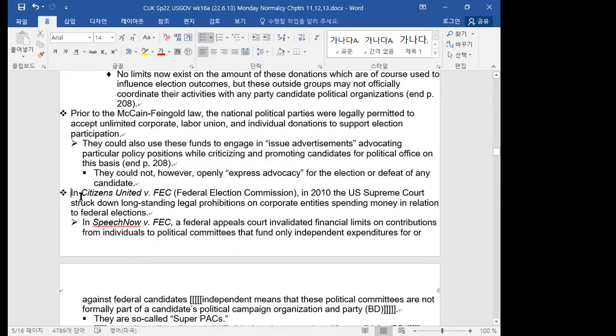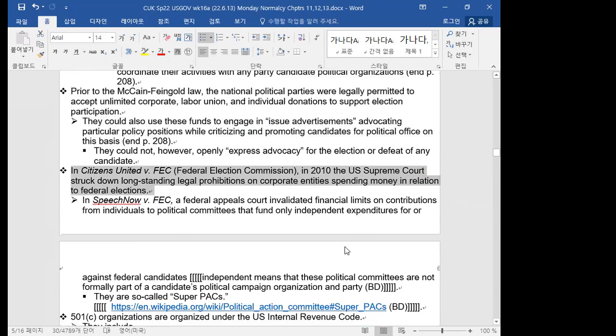In Citizens United versus Federal Election Commission in 2010, the Supreme Court struck down long-standing legal prohibitions on corporate entities spending money in relation to federal elections. So these corporations that have billions and billions of dollars can spend an unlimited amount of money through this decision of the US Supreme Court.